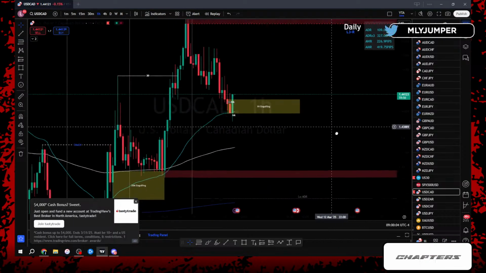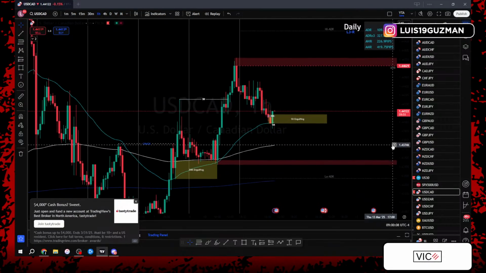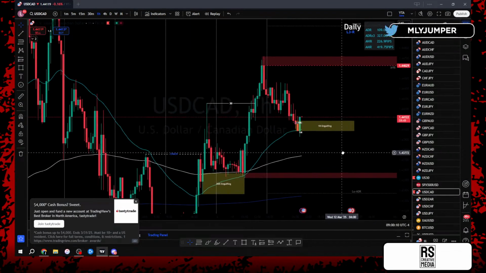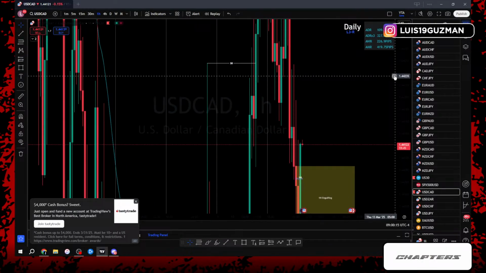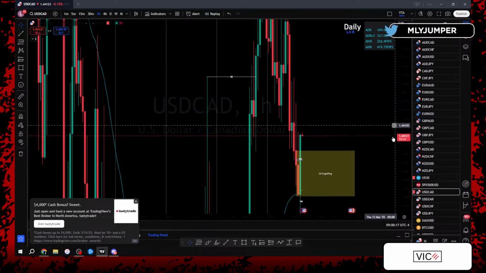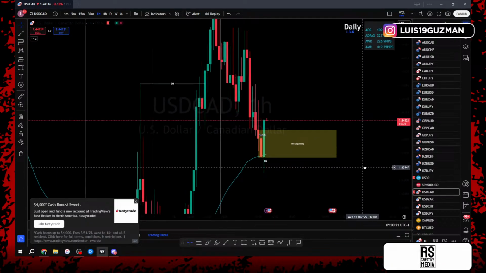Got the 1 hour engulfing, got the 1 minute change of character, break of structure, got the 50% retracement. Got the 50 EMA retracement. Oh, I was about to say, yo, this 1 hour didn't give us a top wick though. I'm about to be like, damn, they did us dirty.